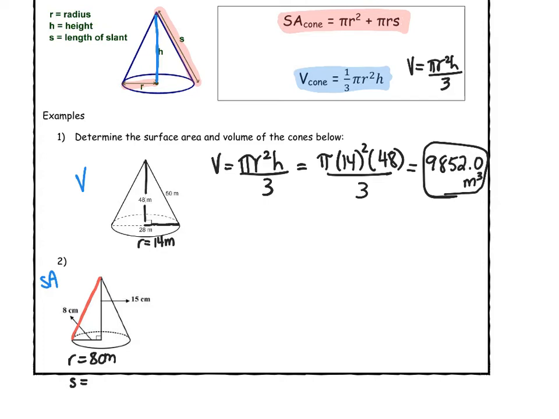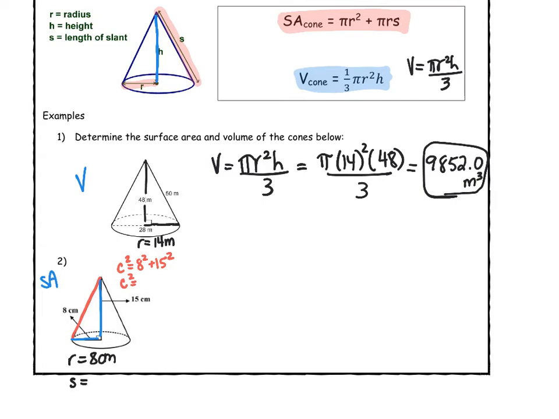So hopefully you can see that this is a right angled triangle. And this is 8 and 15. And I want to calculate C, right? So C squared equals 8 squared plus 15 squared.